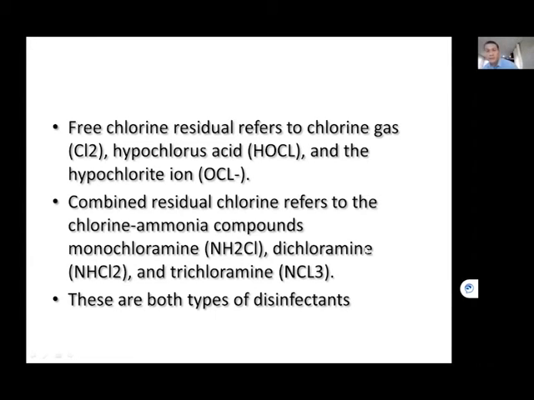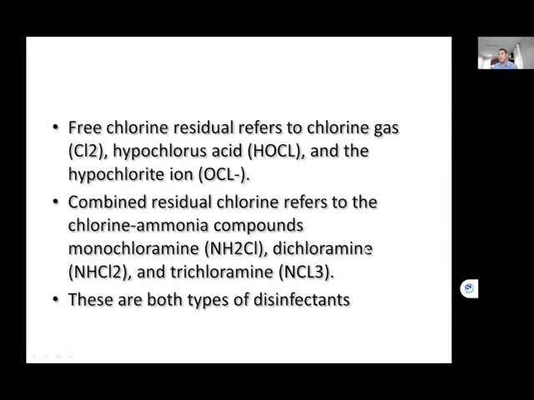Free chlorine residual refers to chlorine gas, hypochlorous acid (HOCl), and the hypochlorite ion (OCl-). Combined residual chlorine refers to the chlorine-ammonia compounds: monochloramine, dichloramine, and trichloramine. These are both types of disinfectants. Free chlorine is much more volatile.